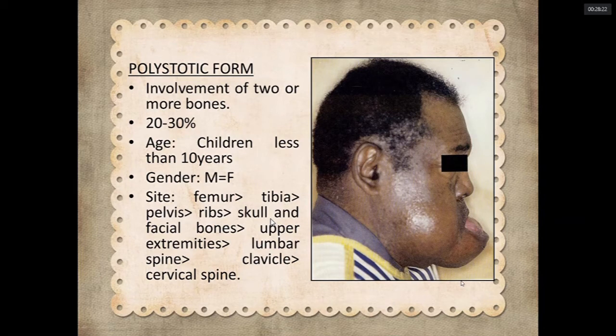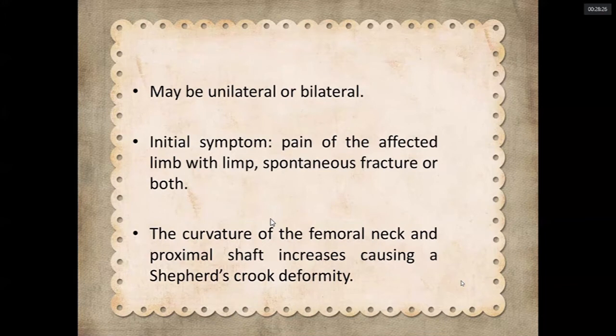This polystotic form may either be unilateral or bilateral. Initial symptom of this form is pain of the affected limb with limp. That means there is difficulty in walking as well.